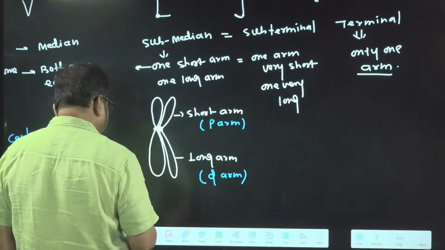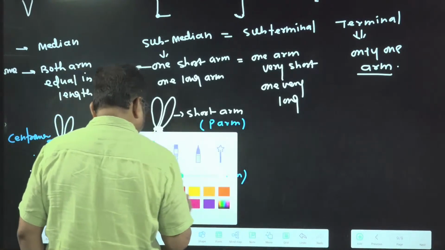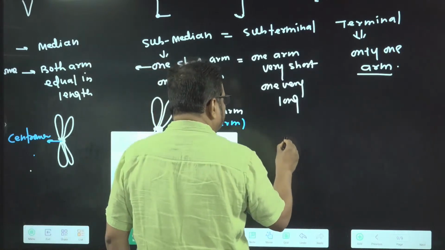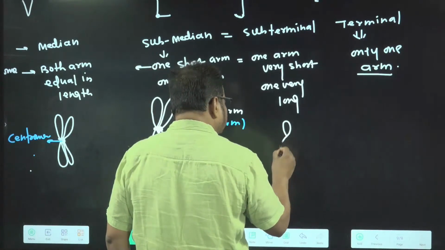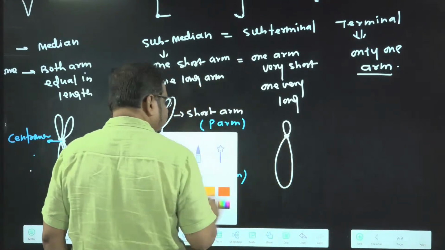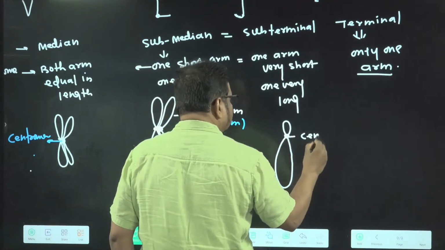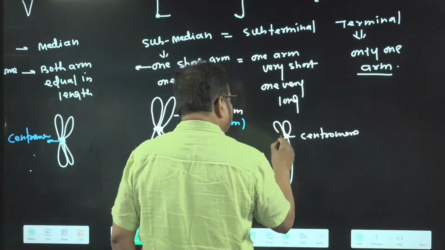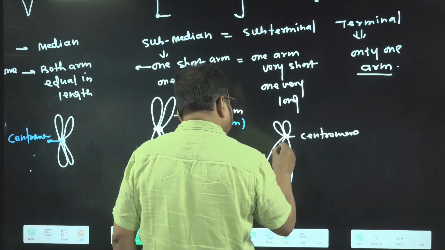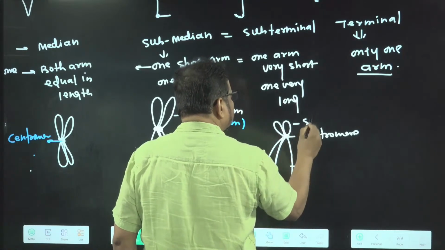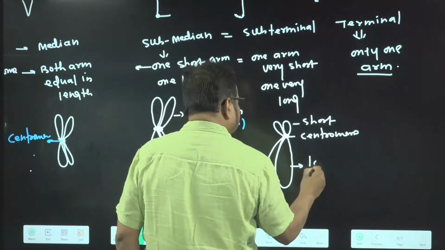Shorter P, longer Q. Now the submetacentric diagram I am drawing. One arm very short, another arm very long. Here is the centromere. Right? Short, long.